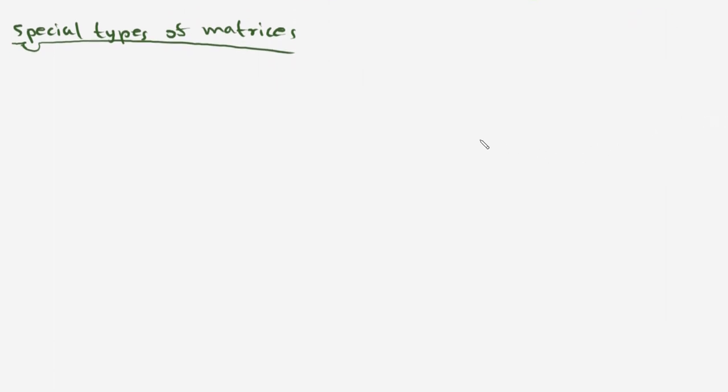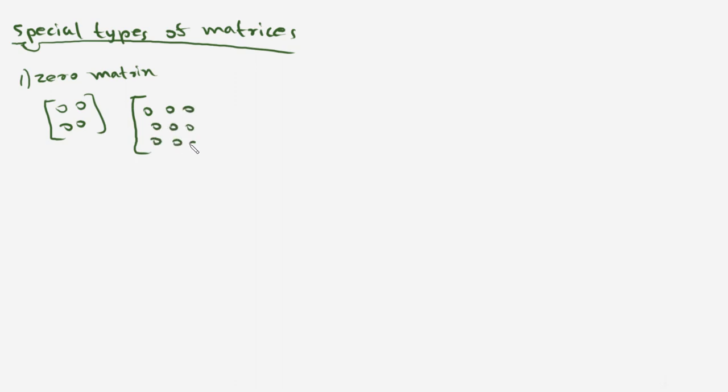The first one is the zero matrix. Basically, if your matrix contains all elements as 0, then such a matrix is a zero matrix. That's the definition. Each and every element aij is 0.